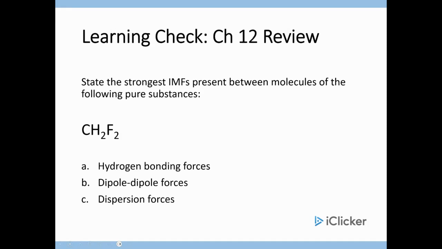Next, we have CH2F2. So we need to draw the Lewis structure to be able to answer this question. Remember that carbon likes to make 4 bonds, hydrogen only makes 1, and fluorine only makes 1. So that means that our carbon atom, which makes the greatest number of bonds, would be in the center, and then is bonded to 2 hydrogens and 2 fluorines.